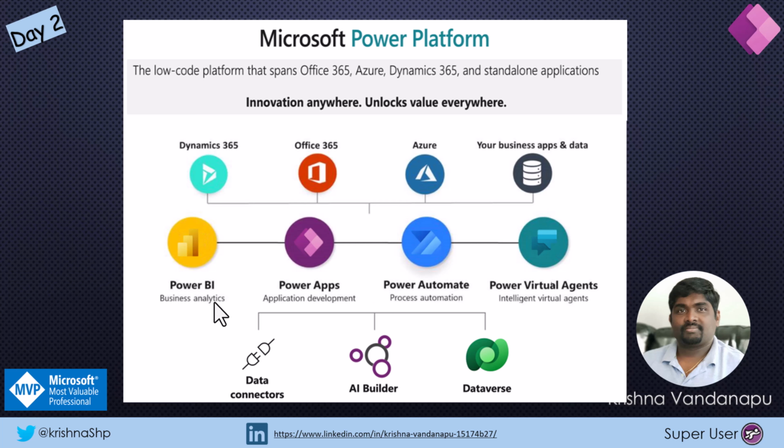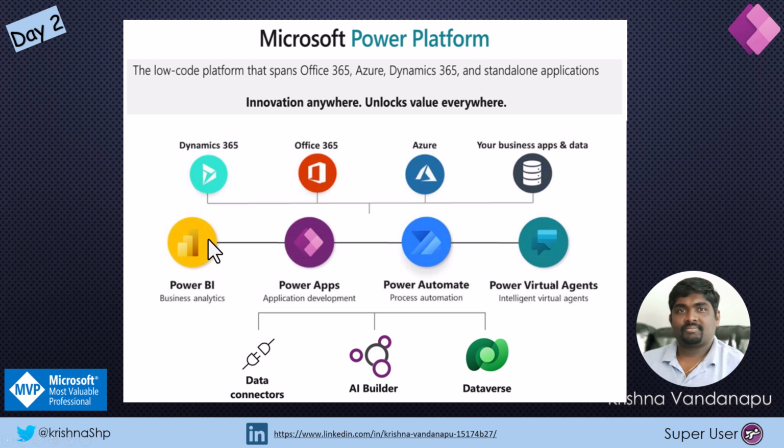Fourth one is Power Virtual Agent. We also call that a chatbot. In Power Virtual Agent, we create bot engines. Those engines will help the user by giving basic information, or if the bot is very advanced, it can go deeper and get the advanced information also.